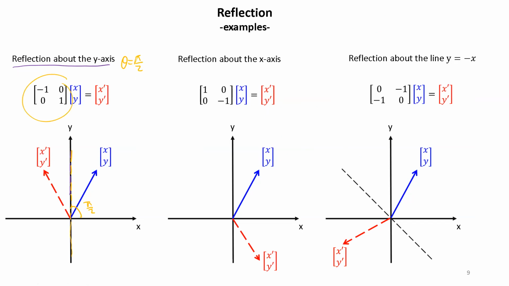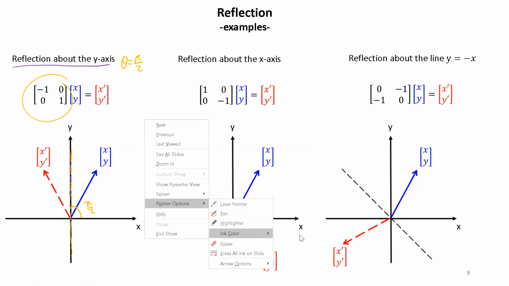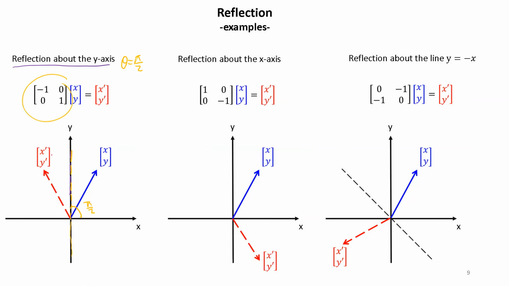In this case, it's really simple. The difference is that the reflected vector, compared with the original vector, has minus x and y. So the x coordinate is flipped to the negative, and the y coordinate remains unchanged.